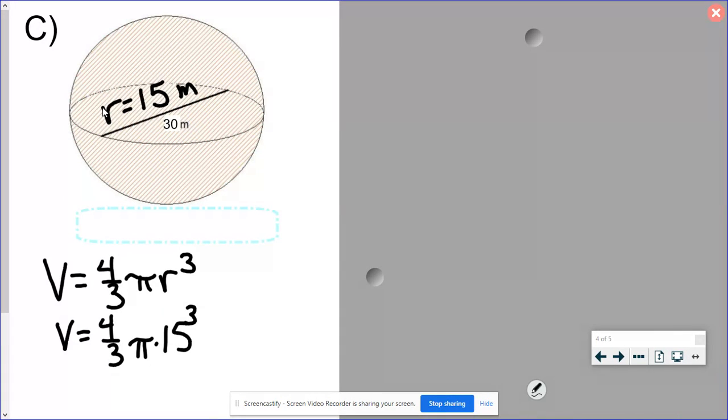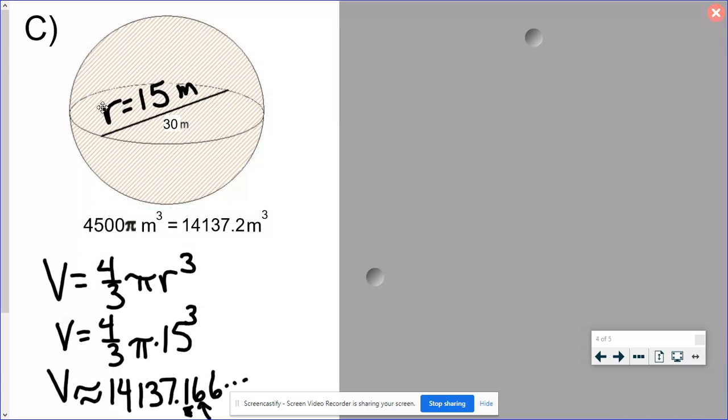I get, for my volume, 14137.166, and it's just going to keep on going. But this 6 is big enough to make this round up to a 2. So we should have 14,137.2 cubic meters.